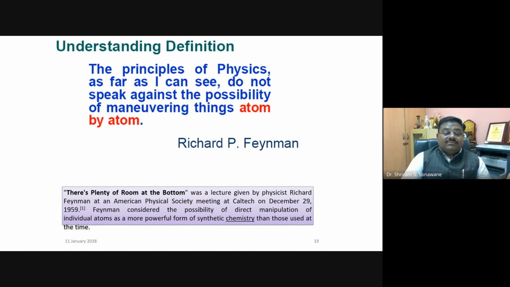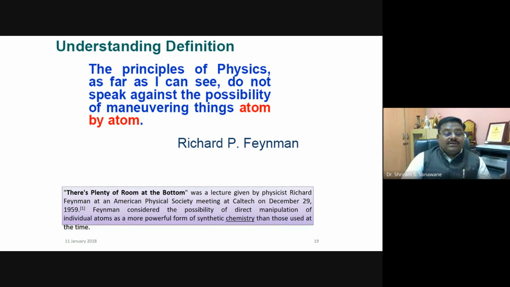This was the lecture given by physicist Richard Feynman at an American Physical Society meeting at Caltech on December 29, 1959. Feynman considered the possibility of direct manipulation, meaning we can manipulate atom by atom, or molecule by molecule, precisely as per our convenience, as a more powerful form of synthetic chemistry than those used at that time. He said the principles of physics, as far as he can see, do not speak against the possibility of maneuvering things atom by atom.